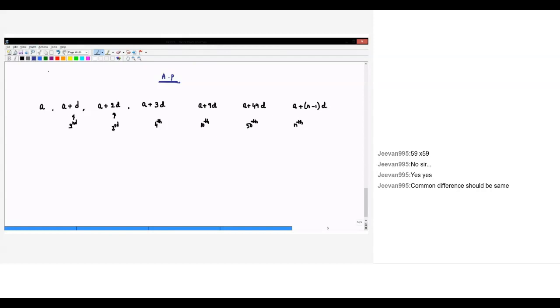So what is the nth term? A plus n minus 1 into d. A is the first term. n is the number of terms. d is the common difference.